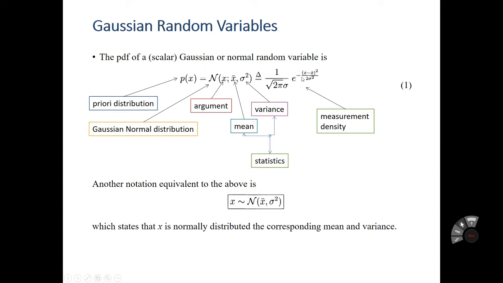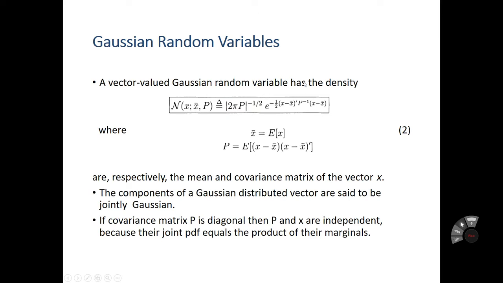In this argument, x minus mean, suppose this mean statistic we have calculated using some algorithm, like we apply the Kalman filter, and using the Kalman filter we obtain the mean value of the random variable x.